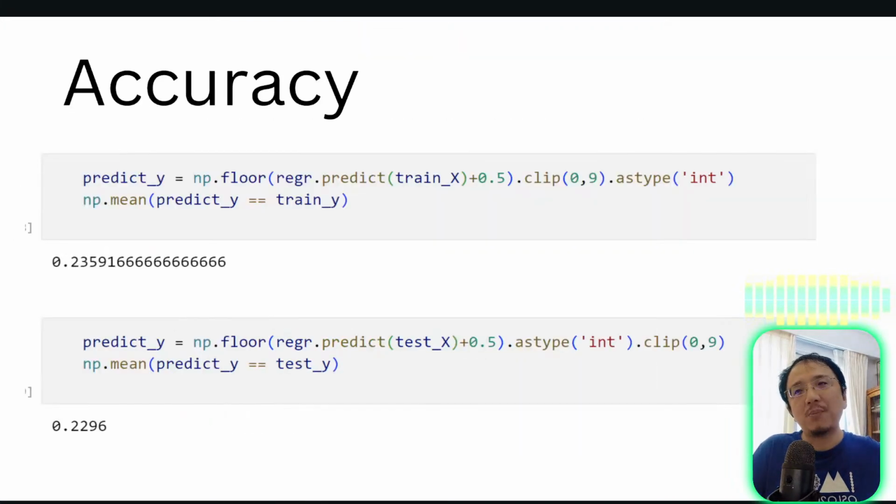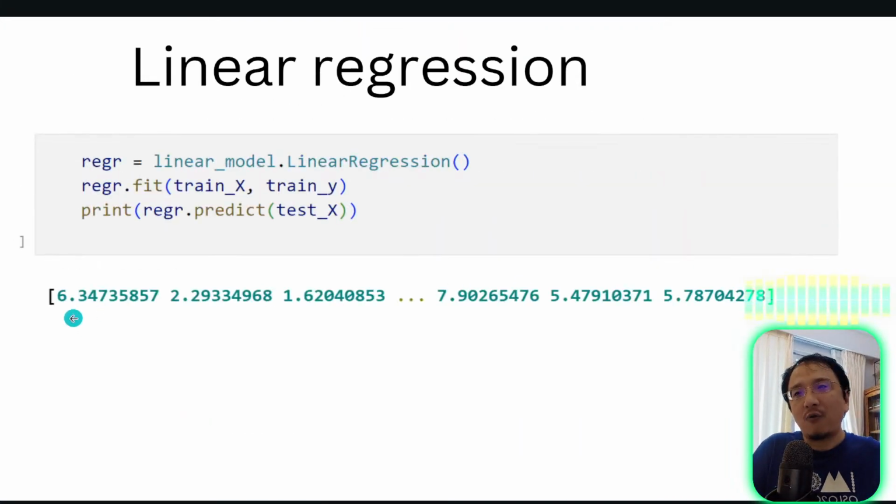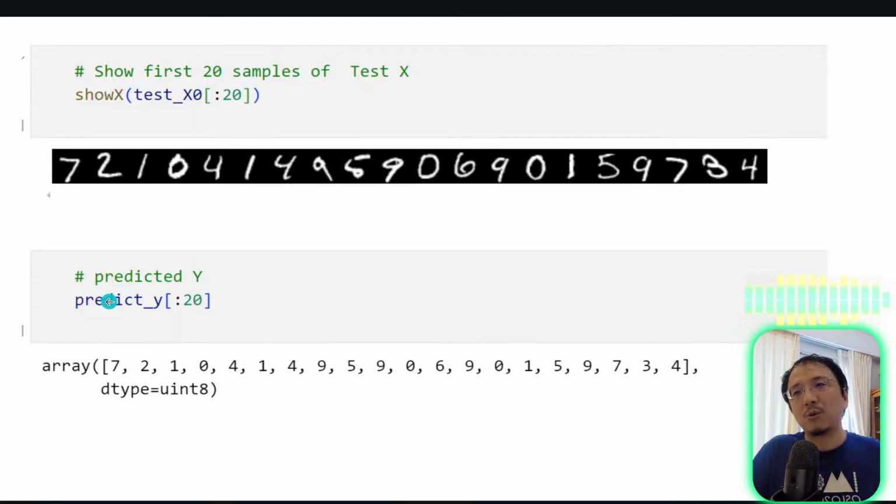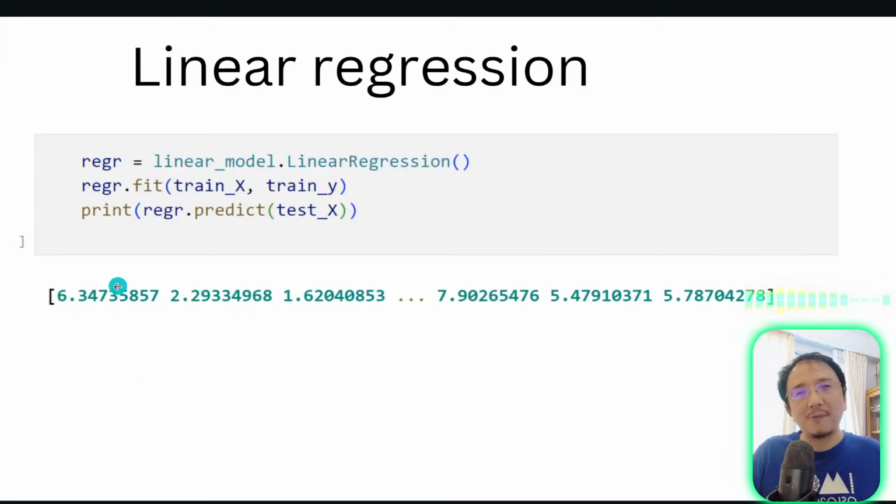One example is right here. Our first prediction is 6.34. The actual result is 7. In fact, it is kind of close, but it is not close enough. 6.3 is not good at all. It is as bad as 1.2, as bad as 1.5, or maybe 100.